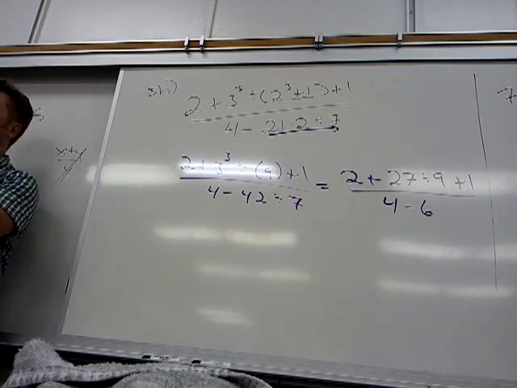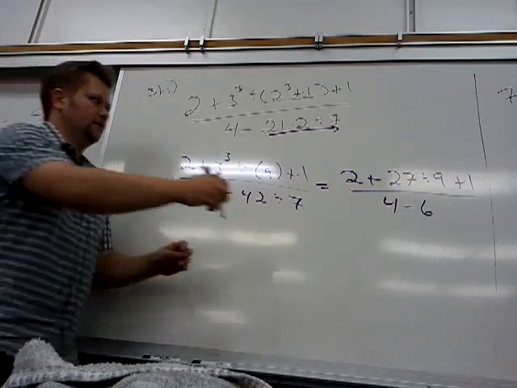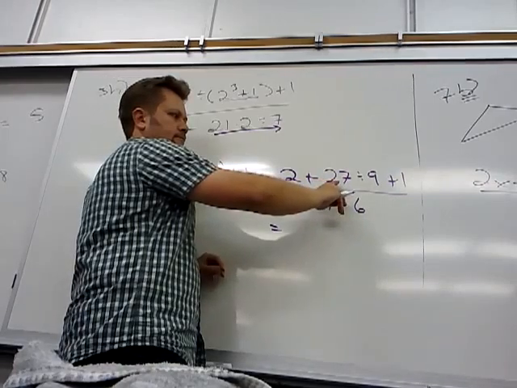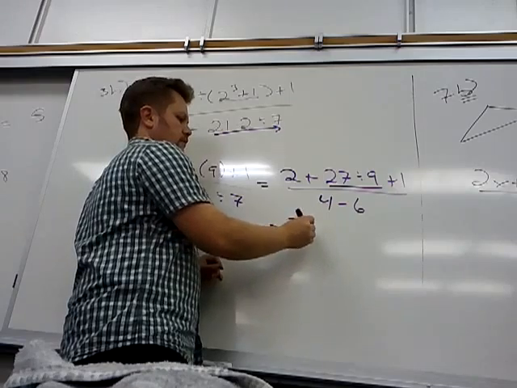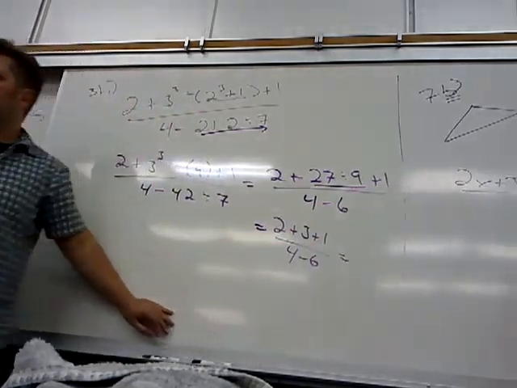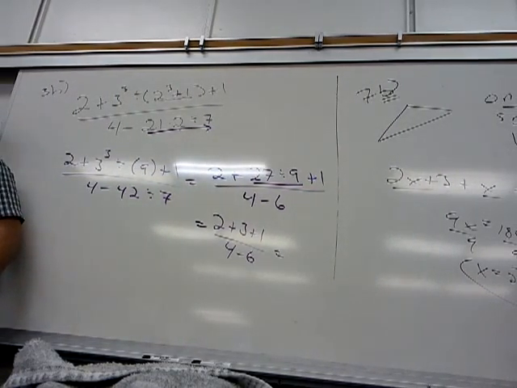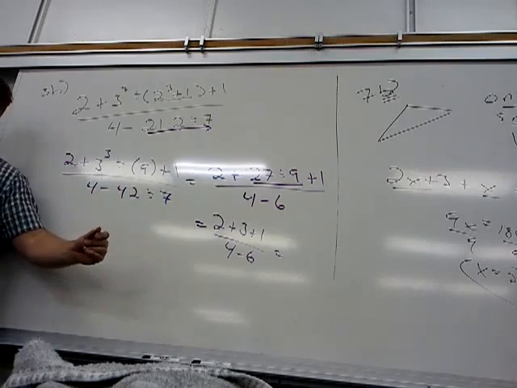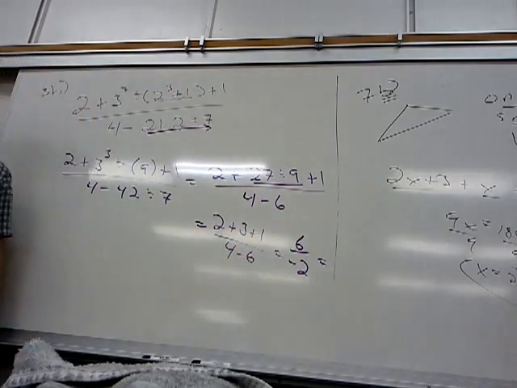Yeah, so now the next thing I do. Alright, so let's see what happens. What do I do on the top? 2 plus 3. Yeah, 27 divided by 9? 3? Be careful. So 6 divided by -2. Yeah, 2 plus 3 plus 1 is 6. 4 minus 6 is -2. And equals -3. Yeah, cool.